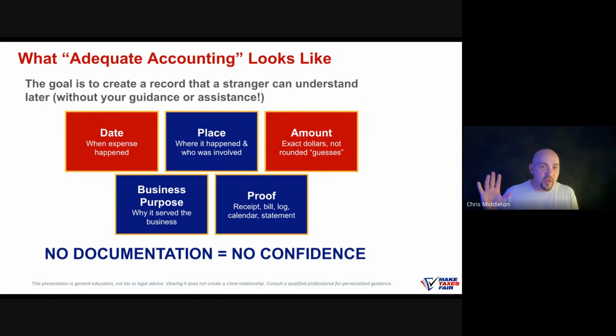So again, if you don't have the right documentation, you don't have confidence, and that leads to, hey, will we survive an audit? We don't like to say the A word, audit, but if it happens, we want to make sure that we have the right information and that we're tight on our documentation.